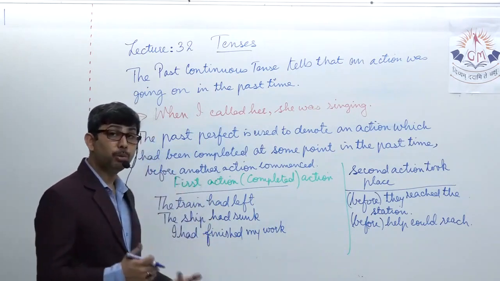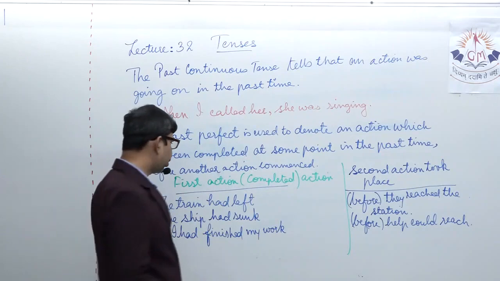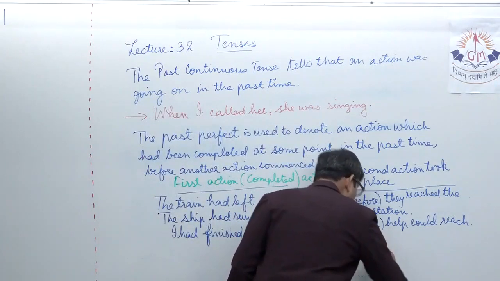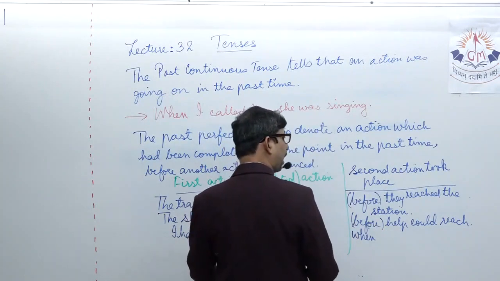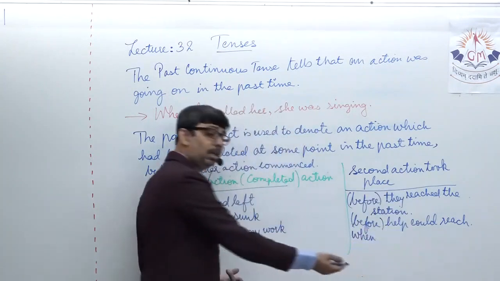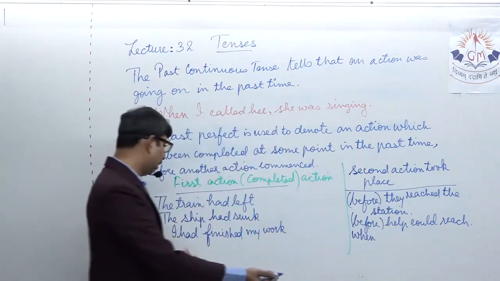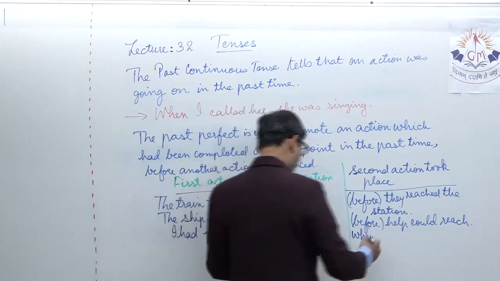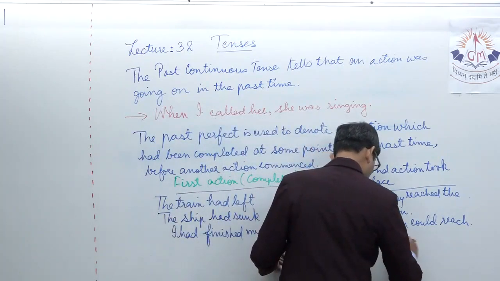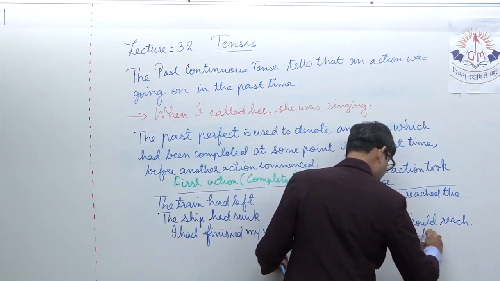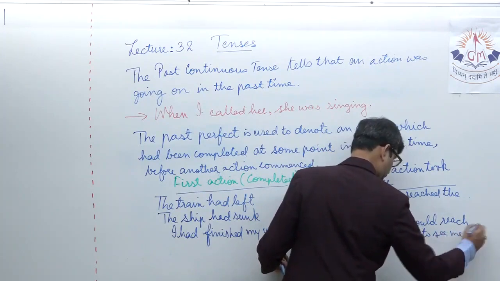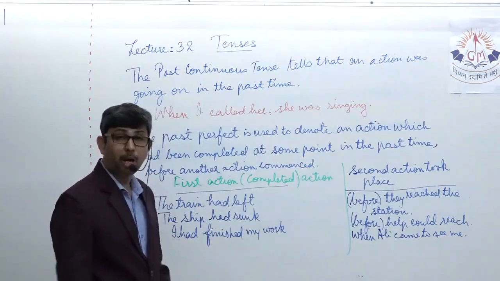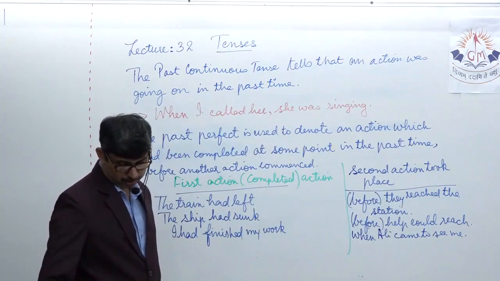When somebody came to see you. When Ali came to see me. You are using the word when as a subordinating conjunction to join the two sentences, the completed action as well as the subsequent action that happened later. So this is the completed part and the subsequent part. I had finished my work when Ali came to see me. So be very careful while using a past perfect tense.